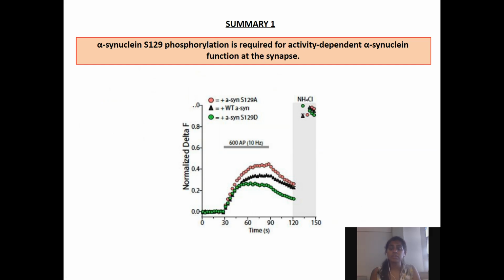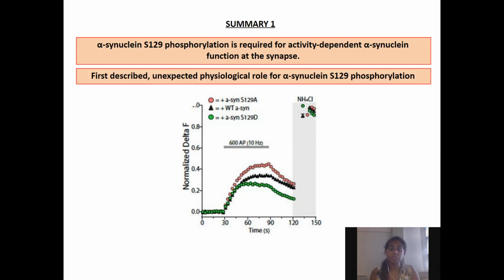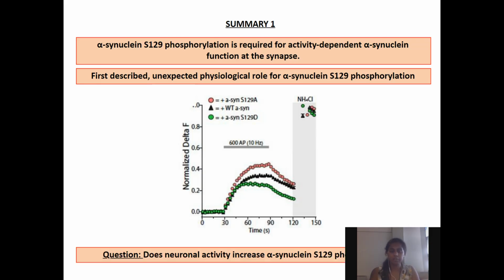So this alpha-synuclein phosphorylation is required for activity-dependent alpha-synuclein function at the synapse, and to the best of our knowledge, this is the first described unexpected physiological role for alpha-synuclein 129 phosphorylation. And since this physiological role of alpha-synuclein is activity-dependent, we asked if we can increase 129 phosphorylation by increasing neuronal activity.